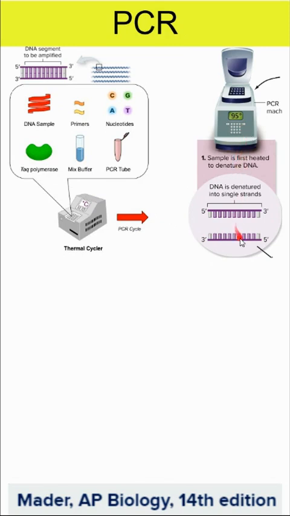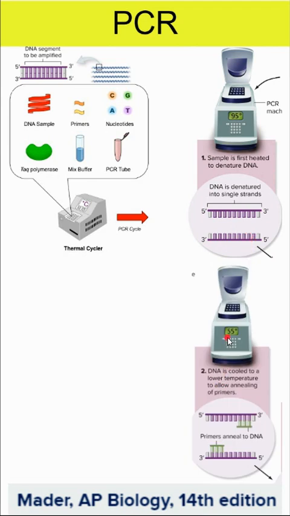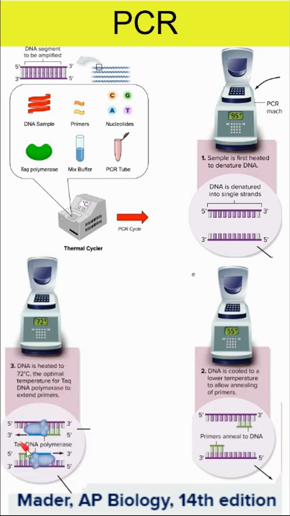So you crank the heat up, the DNA splits apart, ultimately it's then lowered way down, and these primers are able to grab on, and then you put it at the ideal temperature for Taq polymerase to extend those primers, taking those free nucleotides and adding on to the new DNA sequence.